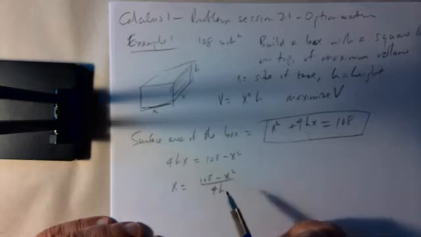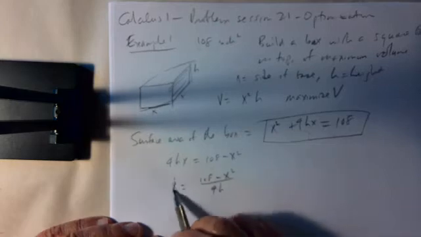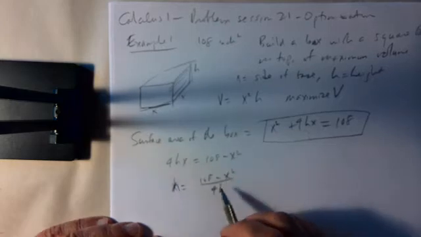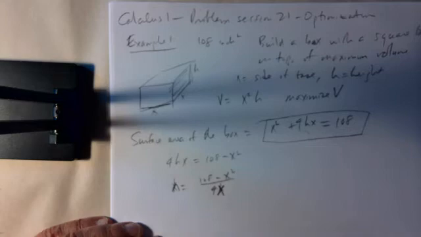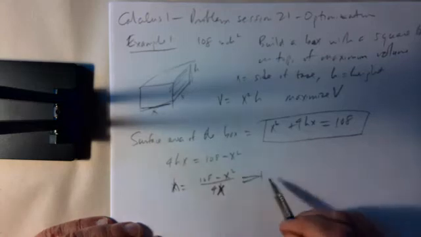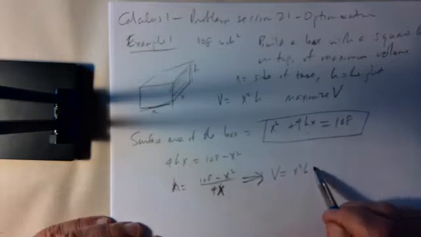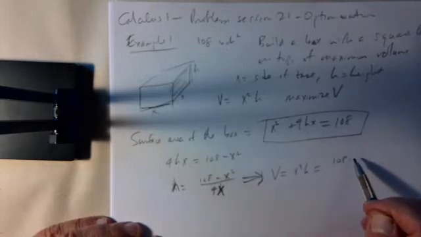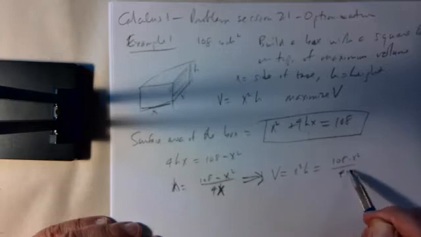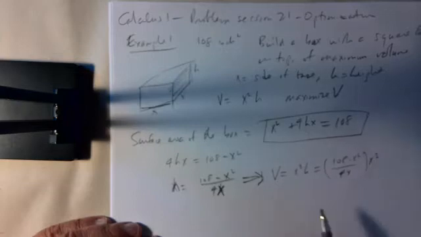Sorry, let me solve for h. h is 108 minus x squared over 4x. So V, which is x squared h, is going to be 108 minus x squared over 4x times x squared.